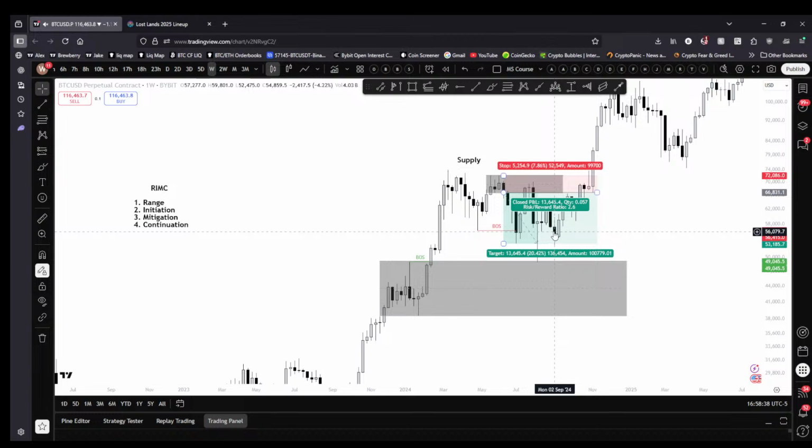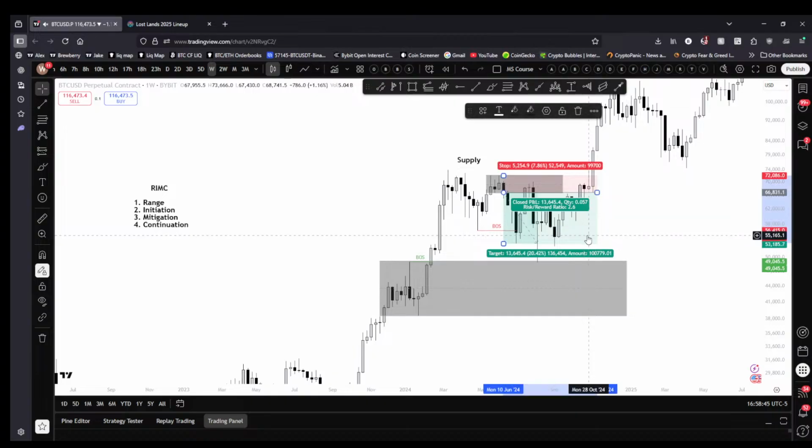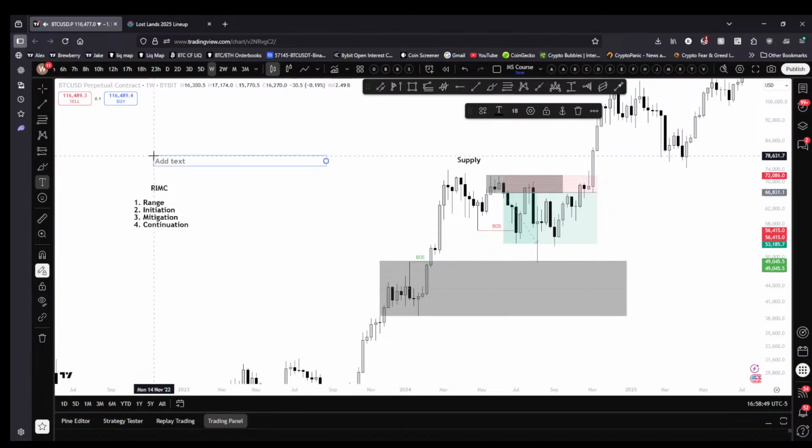So that would be a short entry out of supply. So demand equals where the price lifts from. Supply would be where the price dumps from.